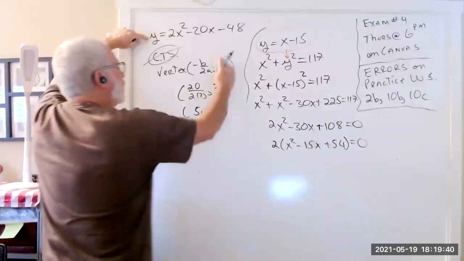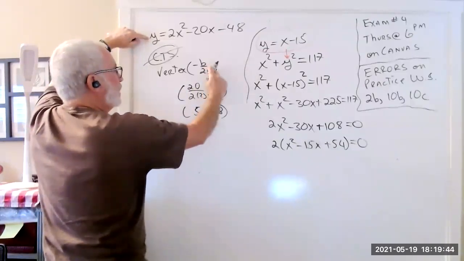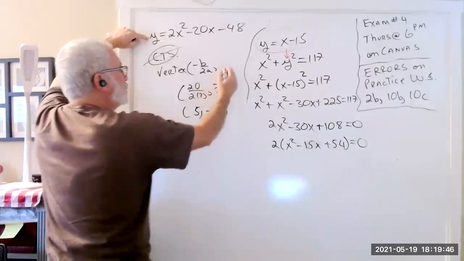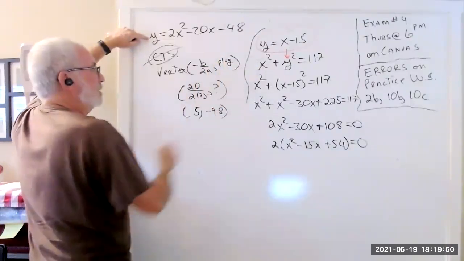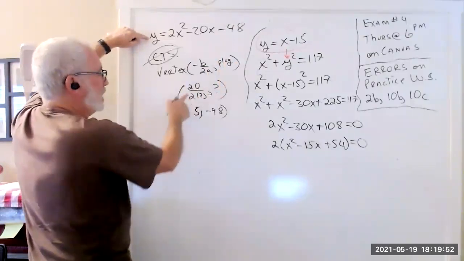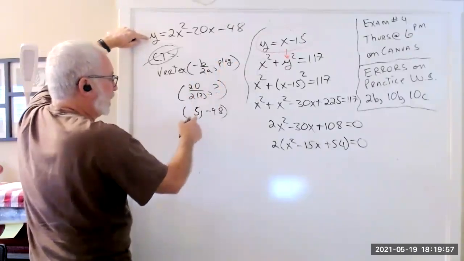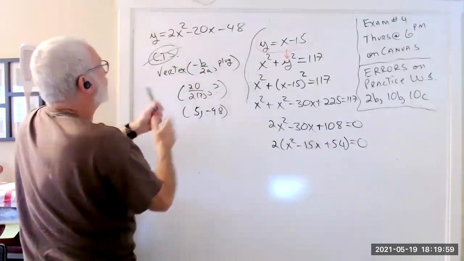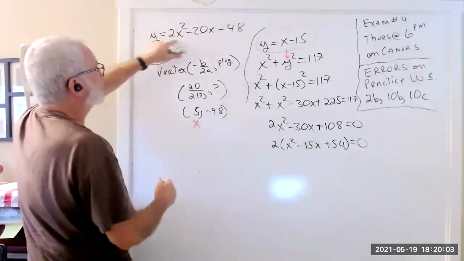Okay. Back up here. When I said the vertex, the way I first introduced it was negative b over 2a comma plug it in. So we took negative b over 2a, 20 over 4 is 5. Then I plugged the 5 into the original problem in place of x.